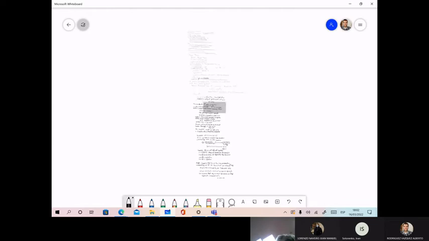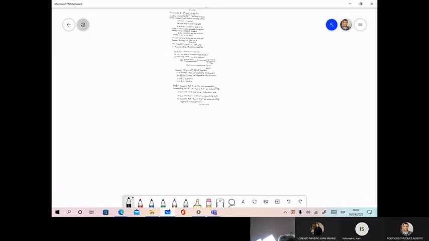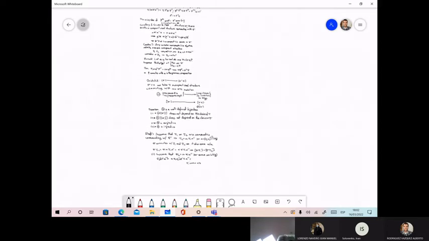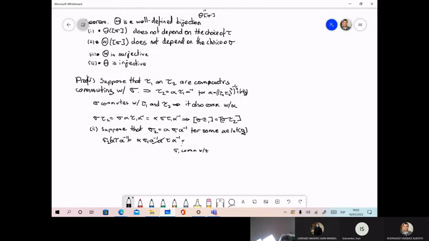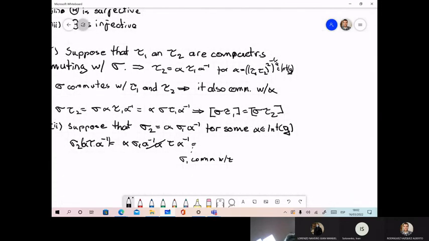Or maybe I should put here tau1, where tau1 is a compact real structure commuting with sigma 1. And here we have that this is alpha sigma 1 tau alpha minus 1.